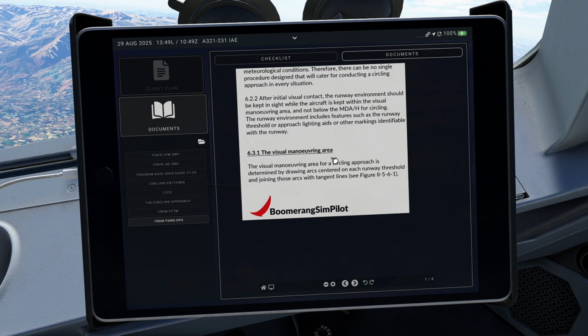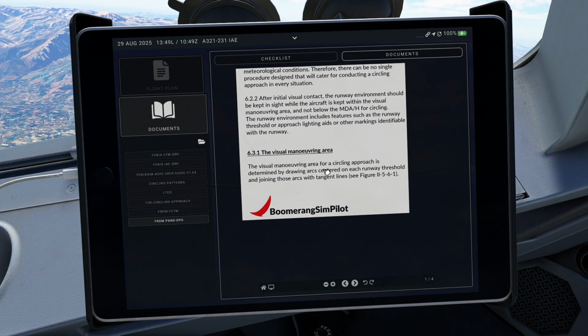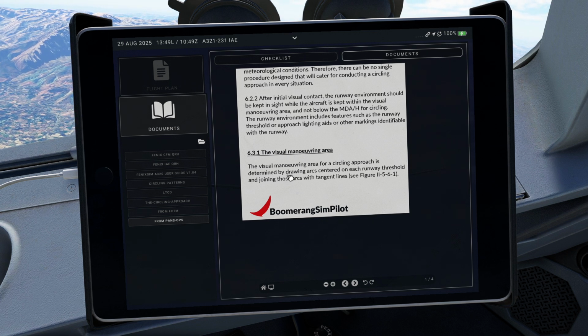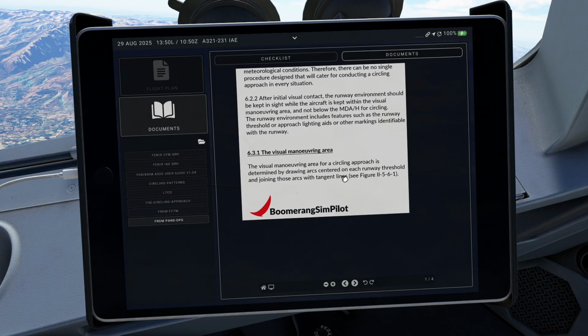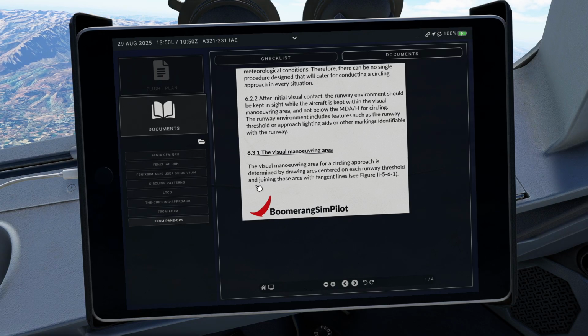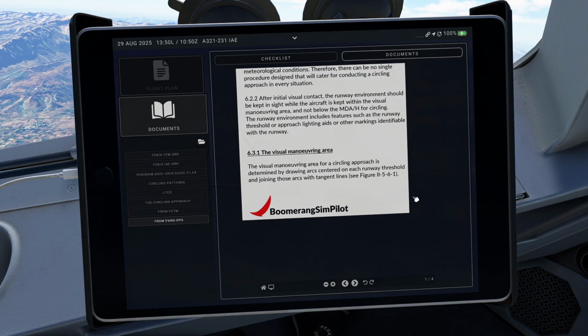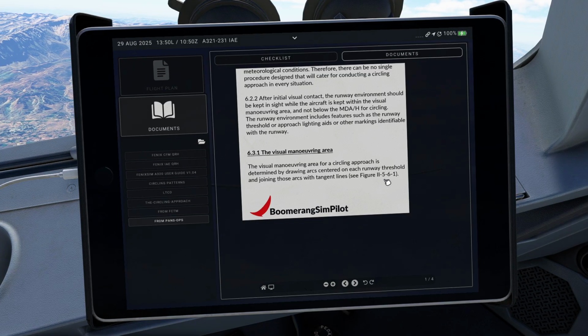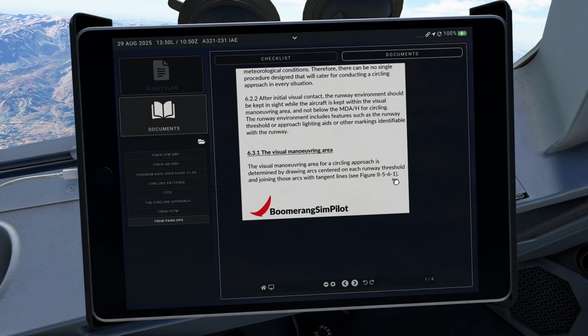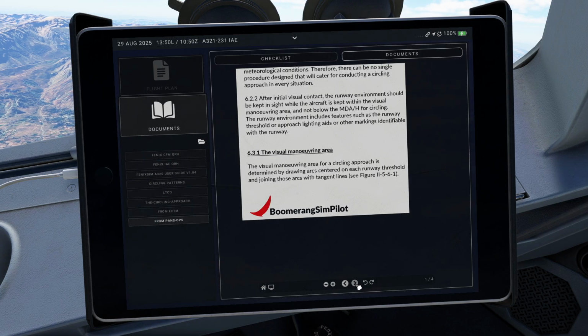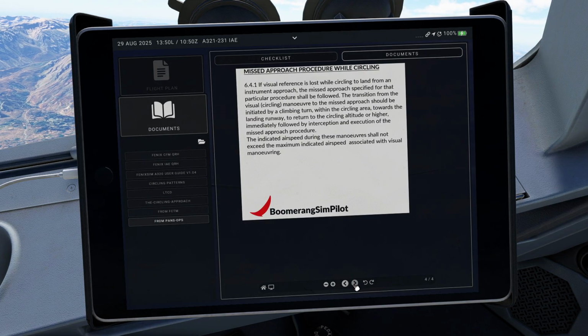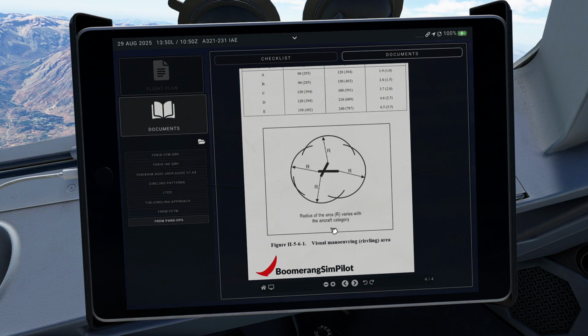The visual maneuvering area for a circling approach is determined by drawing arcs centered on each runway threshold and joining those arcs with tangent lines. Figure 2-5-6-1, this figure is on the last page, which is here.